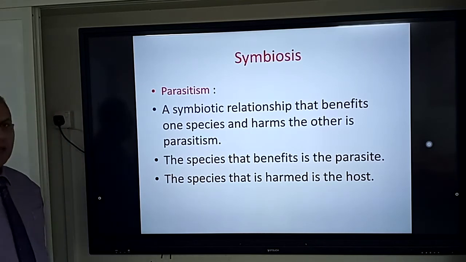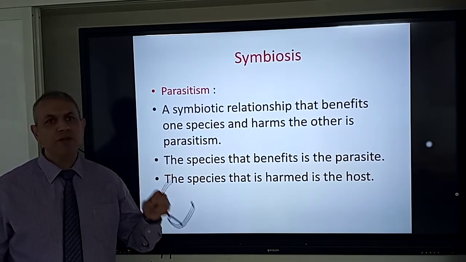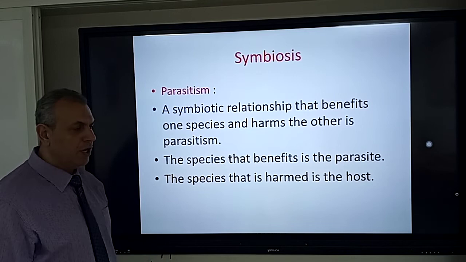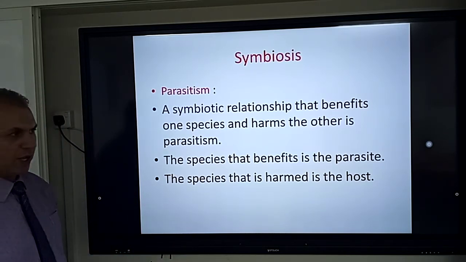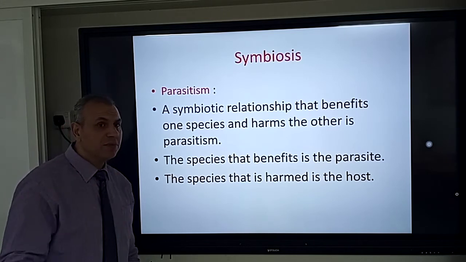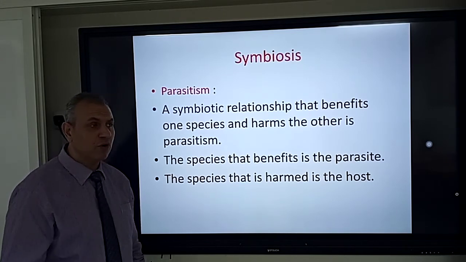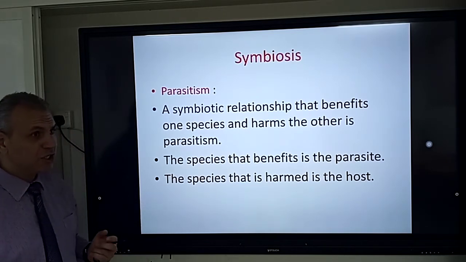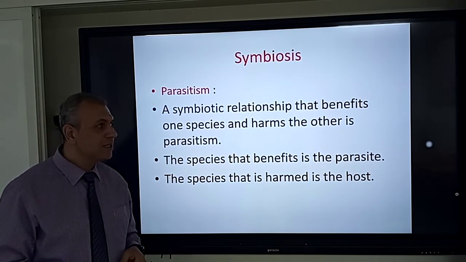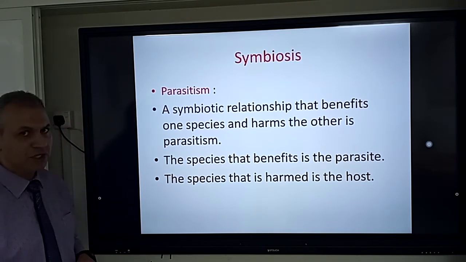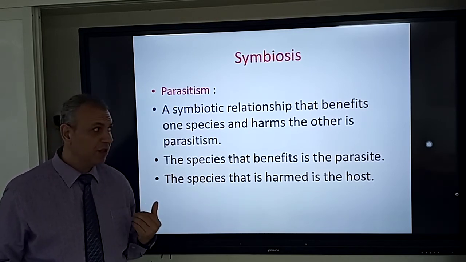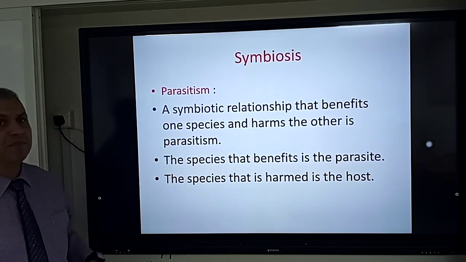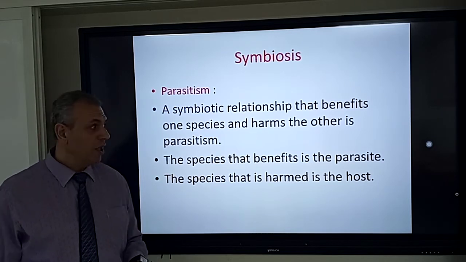For example, if some worms live inside your body, these worms absorb the food that you eat, and they can cause diseases for you and harm your body. This relationship is called parasitism, or a parasitic relationship. One organism gets benefit, and the other is harmed.